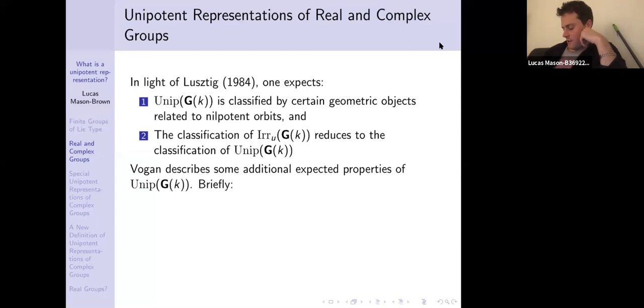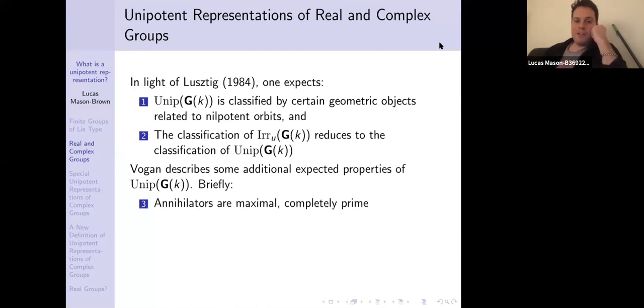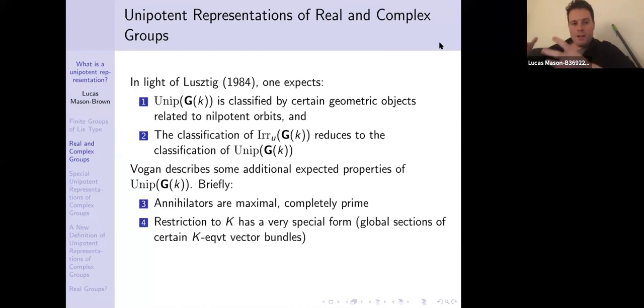And in his orange book from the 80s, Vogan described some additional expected properties of these mysterious unipotent representations. Their annihilators should be maximal ideals in the universal enveloping algebra. I'll say some more about this later. They should also be completely prime ideals. If you take one of these representations and you restrict it to a maximal compact subgroup, what you get has a very special and constrained form.